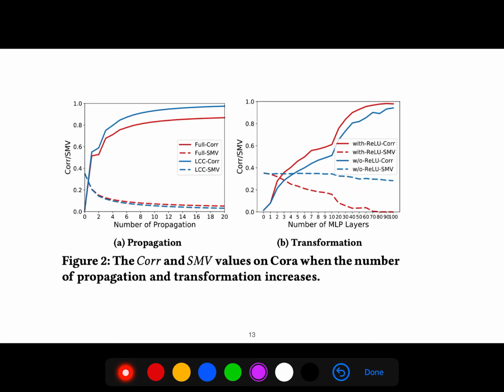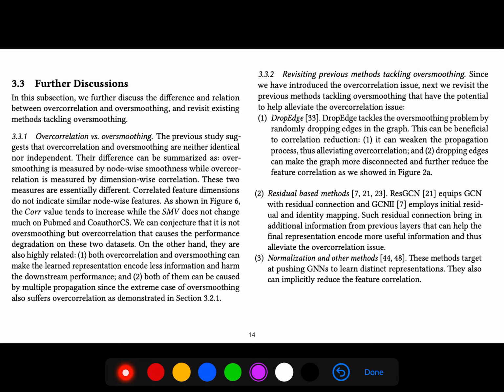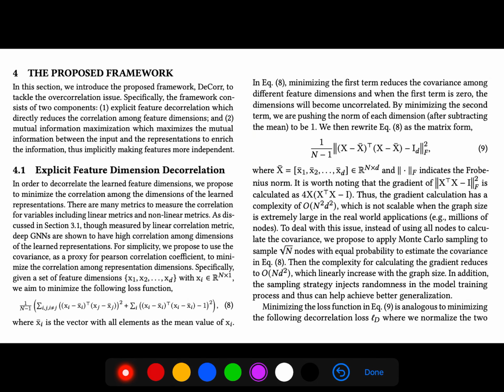And the Corr and SMV values on Cora, when the number of propagation and transformation increases, they also increase. So, historically, these are the approaches for over-smoothing, which is a related thing.